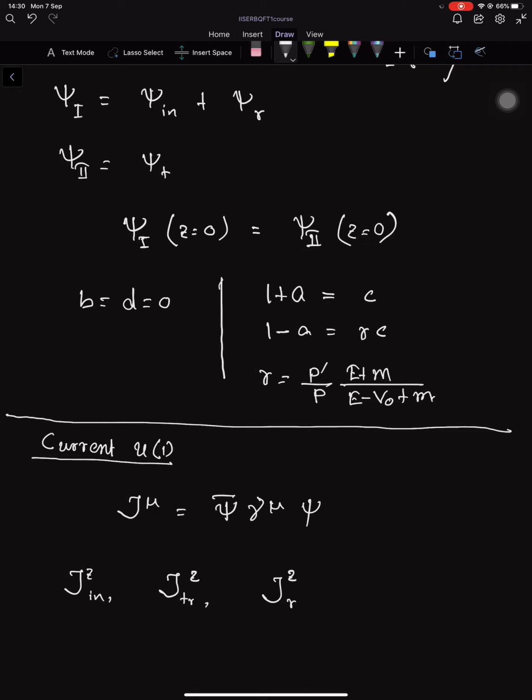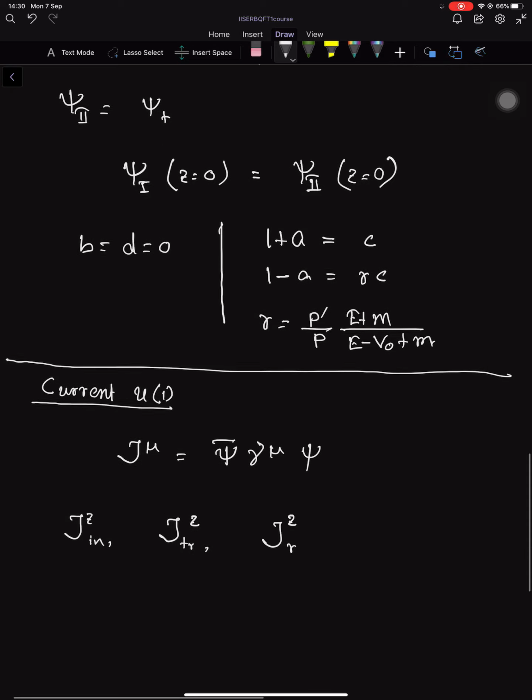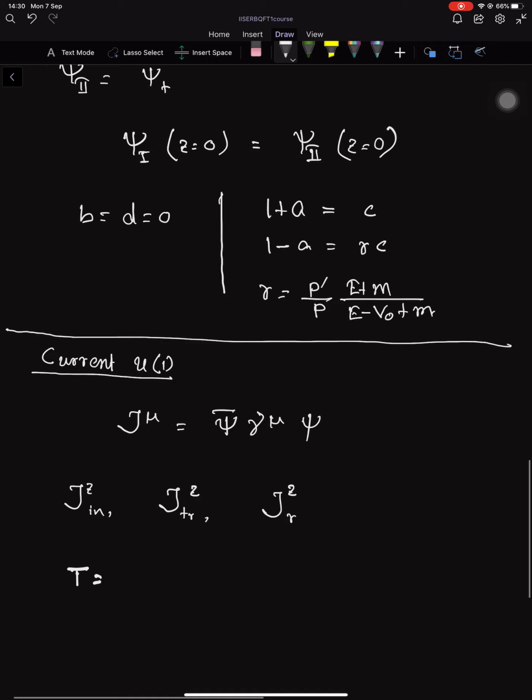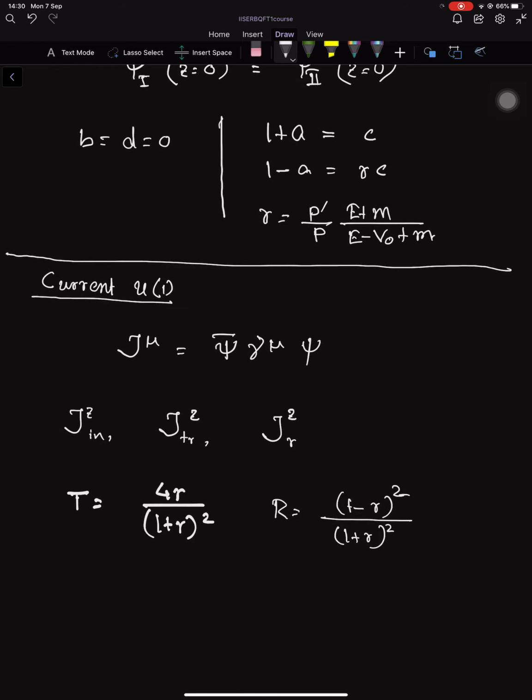But if you compute that and put back this expression, you will get the expression for T, which is something like 4r over 1 plus r whole square, and r is 1 minus R over 1 plus R. Now the point is that for strong enough potential, small r is less than 0.